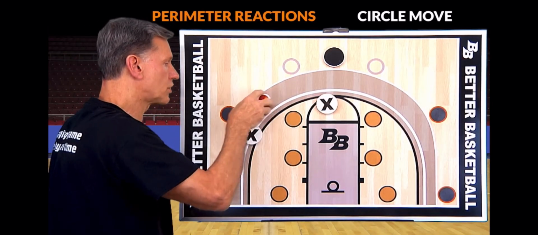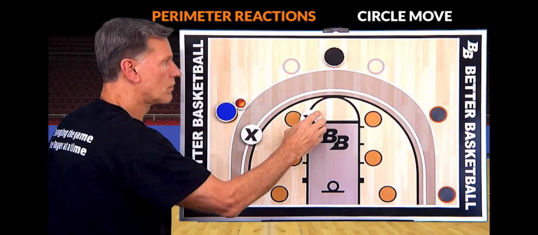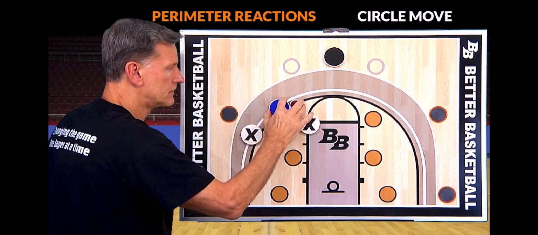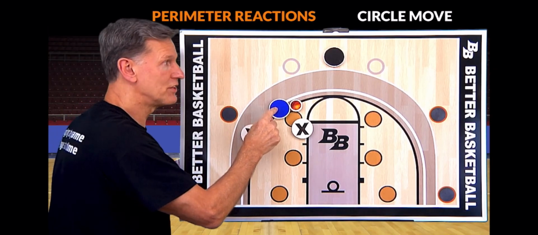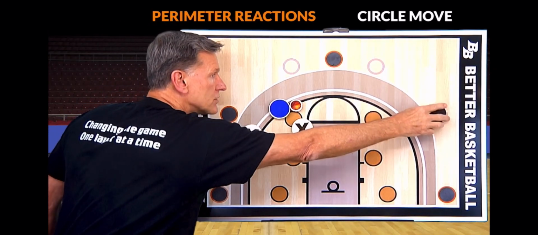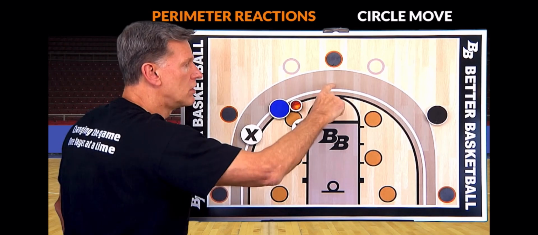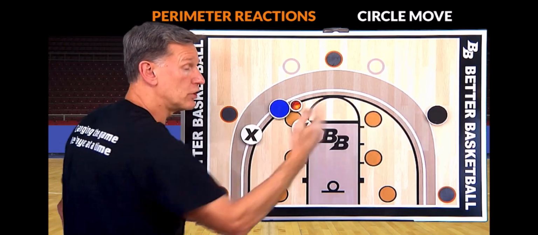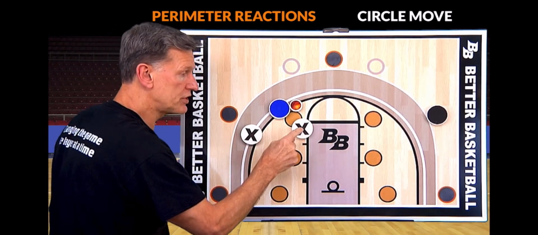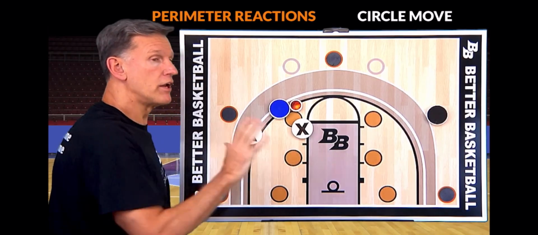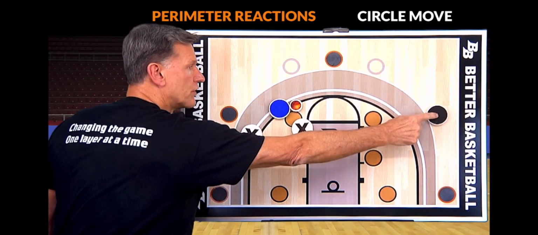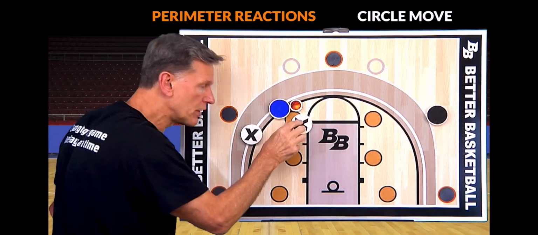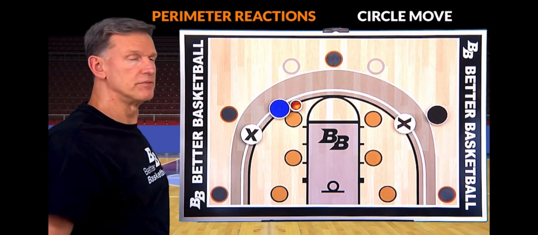But with circle movement, now this player still stops the penetration, but circle movement has now doubled, maybe tripled the recovery distance of this defender. Not only that, the defender has lost visual contact with this player. They now have to switch their hips and run to recover.